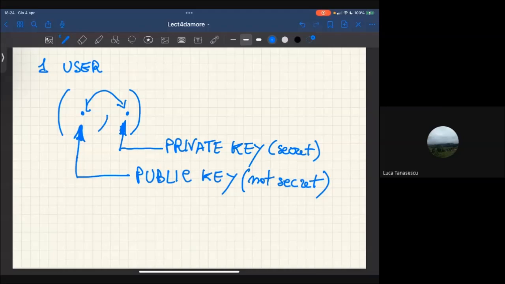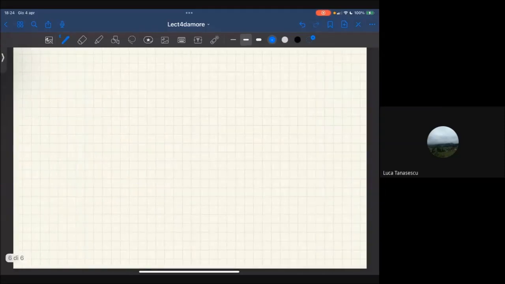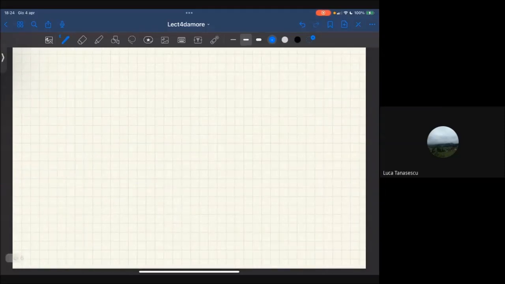The second part is the relation between the two keys. Let me call the two keys R and S. Sorry, let me change the name.